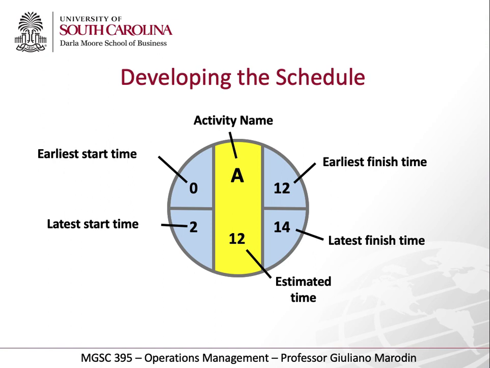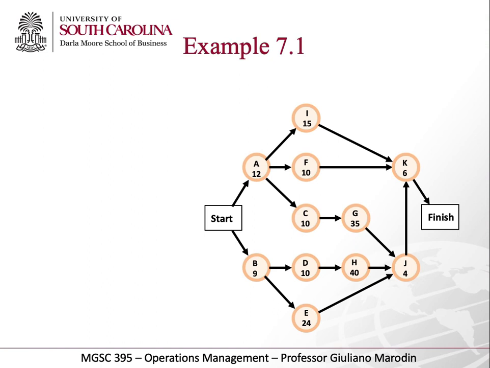The concept here is the latest finish time is the latest I can finish the task without postponing or affecting the total completion time. And the latest start time is just taking that number minus estimated time, okay? So going back to the project network that we were looking at, we just have to do that for all the steps in the diagram, okay?